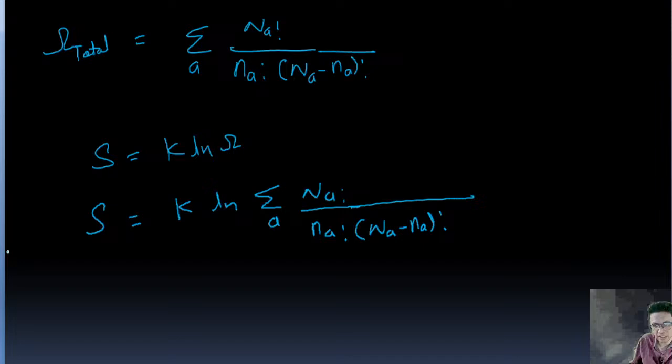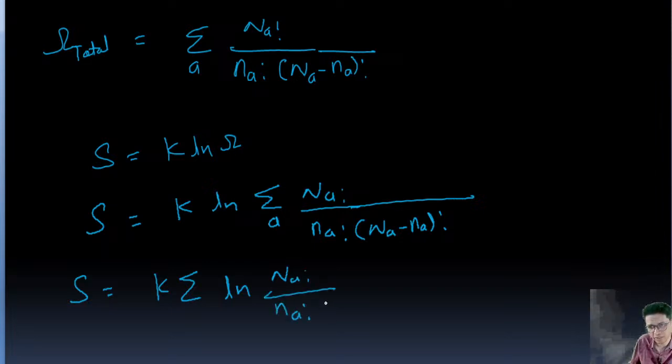So sigma we can take out. So S is going to be K sigma ln capital NA factorial upon small NA factorial into capital NA minus small NA factorial.